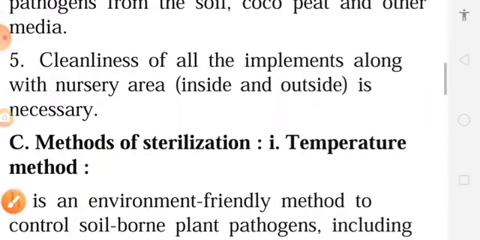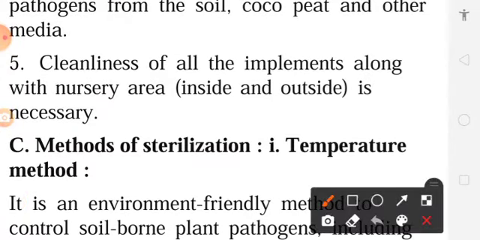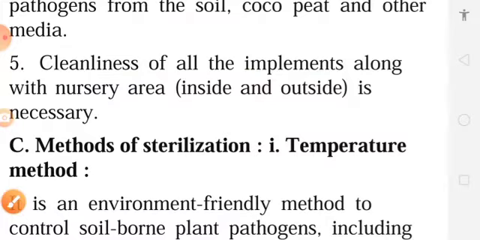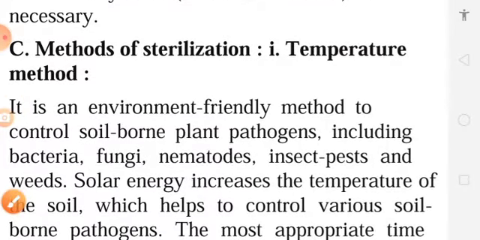Then come to cleaning. The cleanliness of all implements, all tools which are used in the nursery, is to be done regularly. Otherwise that may cause growth of fungus and some other pathogens. Now let us go to the methods of sterilization.